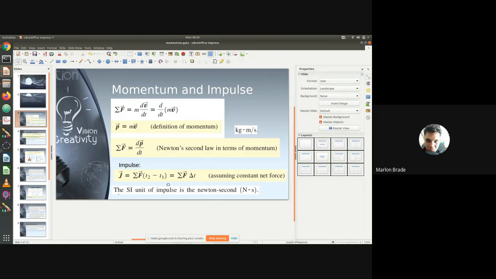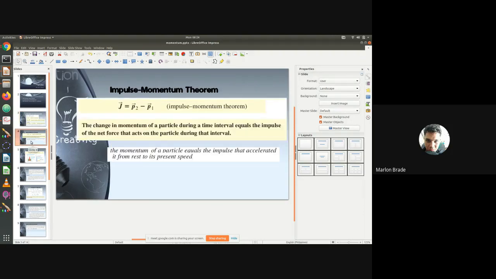Okay, so let's move on. This is what we call the impulse momentum theorem. This is just an analog of the work energy theorem. The impulse momentum theorem: J is equal to P2 minus P1.